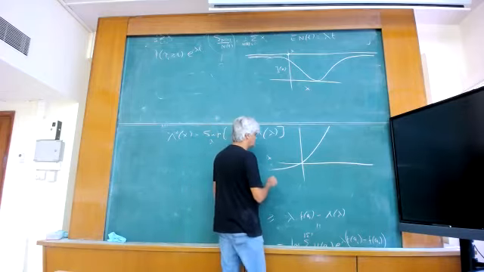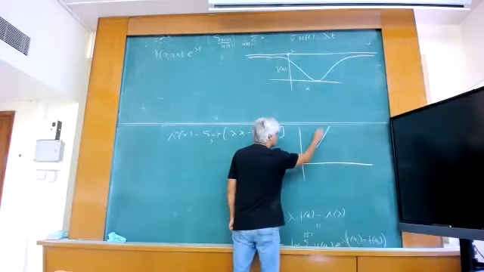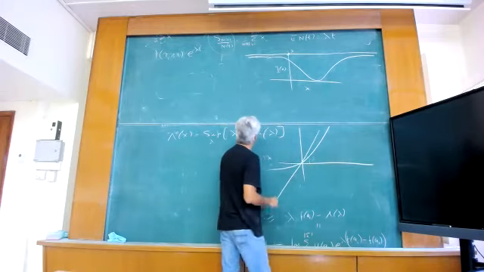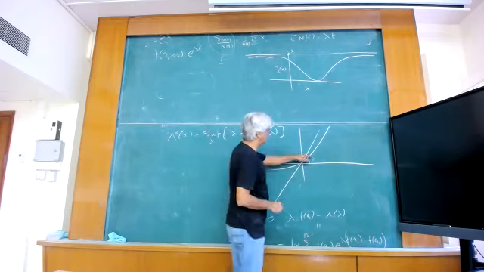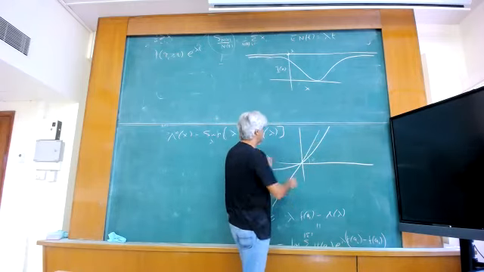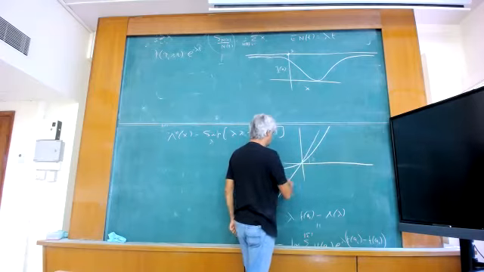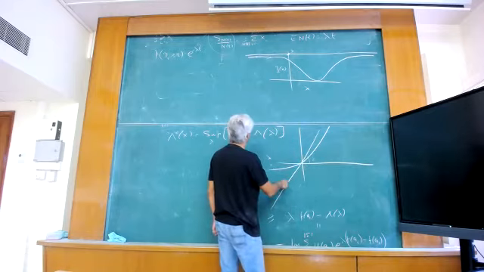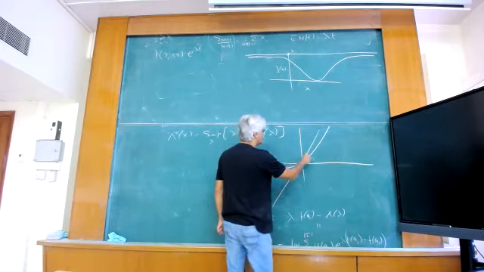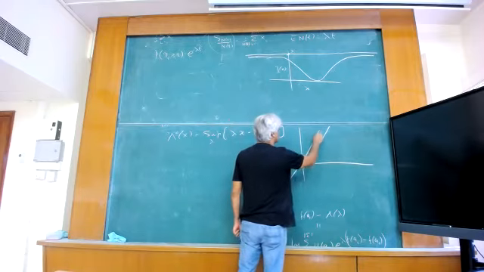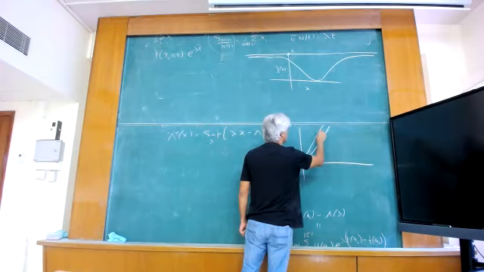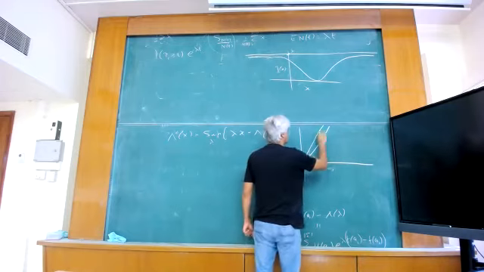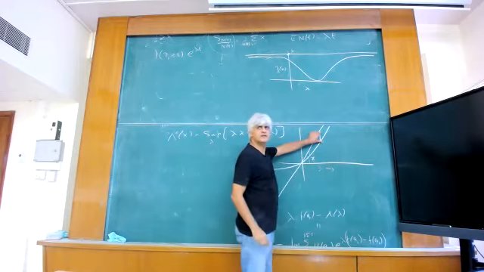Now if I draw a line with slope x, then lambda x minus this function is the gap, and somewhere around here this gap is maximized.